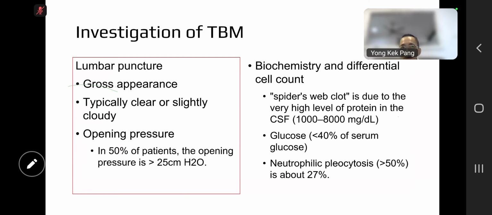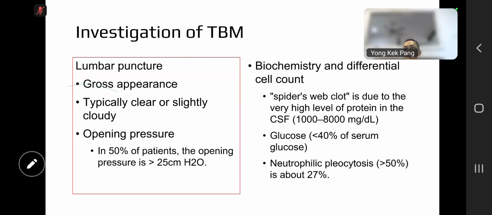Okay, lumbar puncture, you look at the gross appearance, typically is clear or sometimes slightly cloudy. Opening pressure is slightly higher, more than 25 centimeters of water. Biochemistry and the differential count, okay?